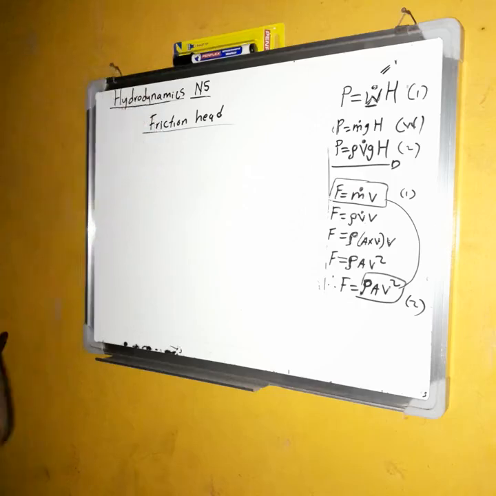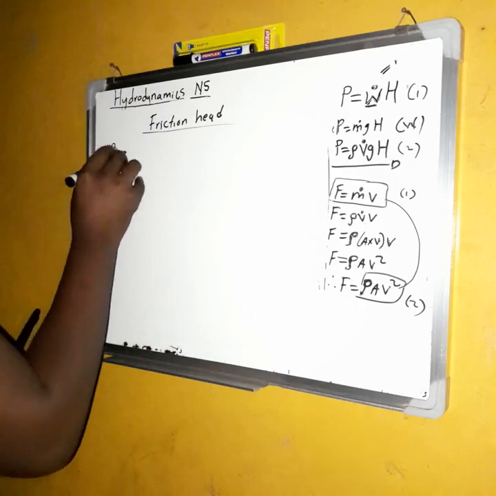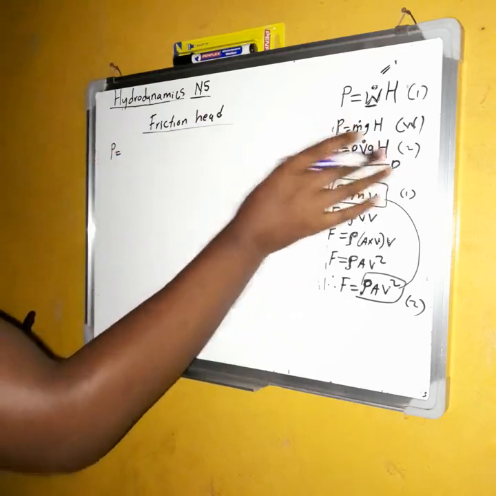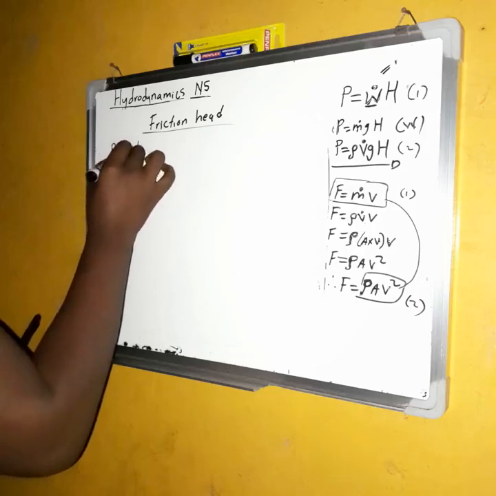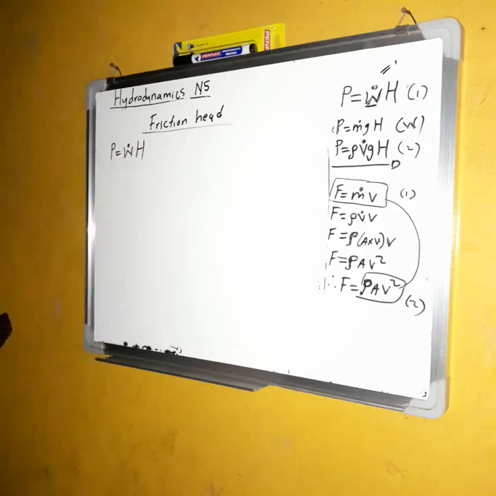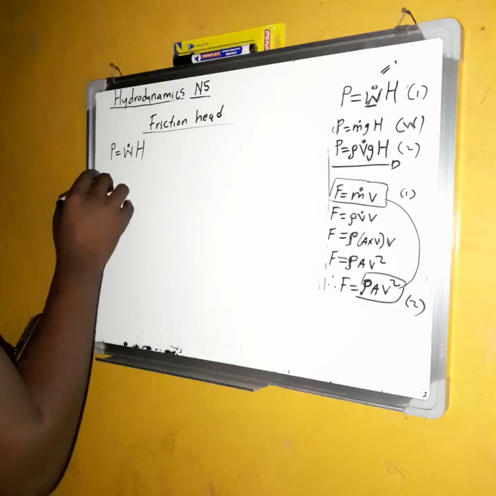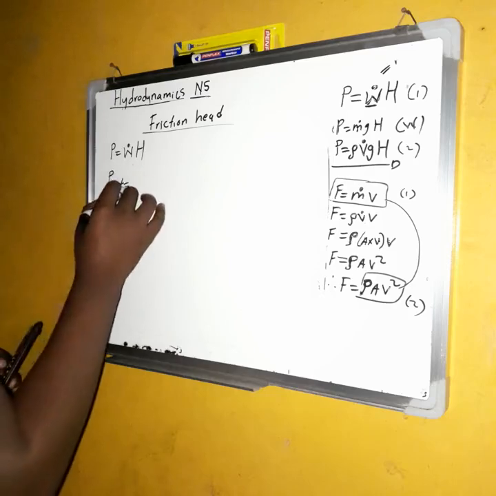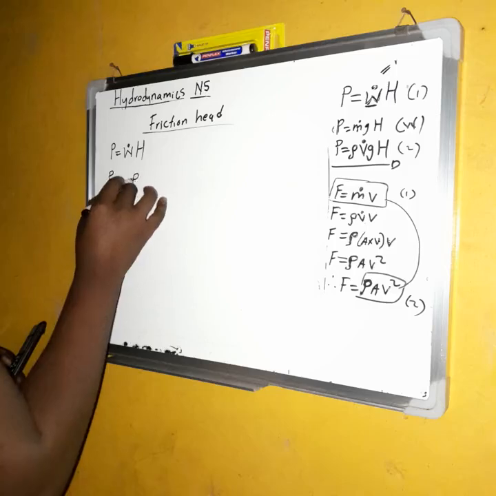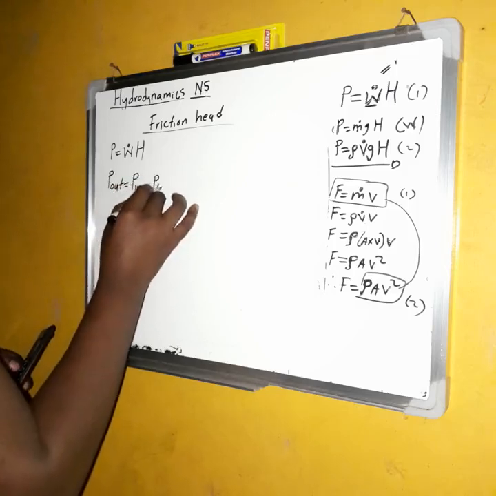Friction head. So we know that power is this, right? So power output must be equal to power input minus power loss.